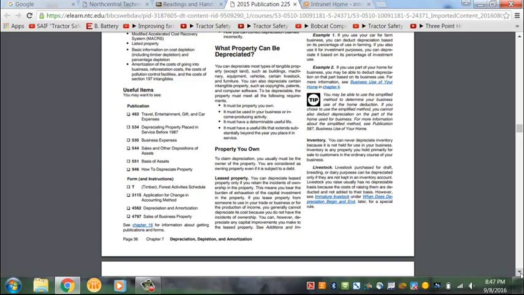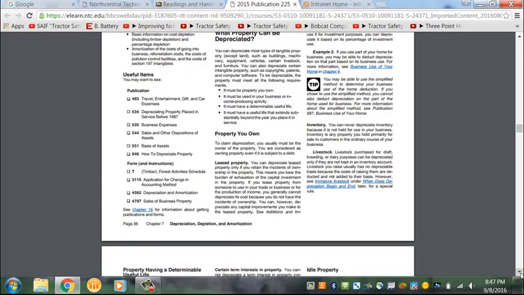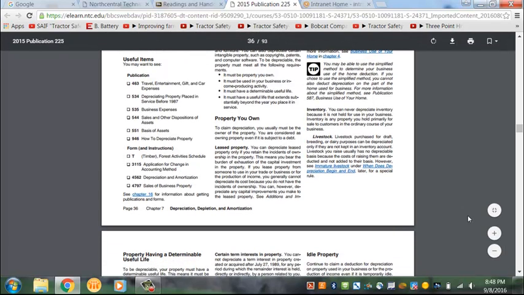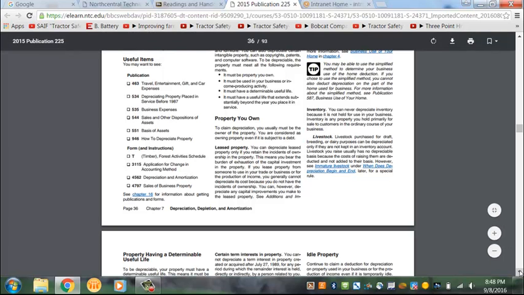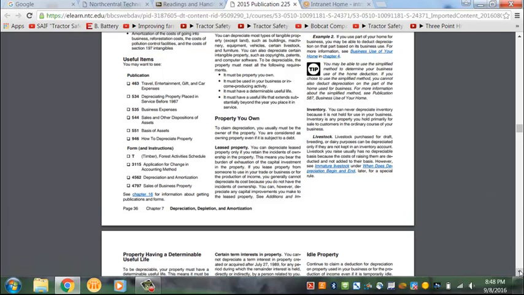A rule for livestock: livestock that's going to be held in inventory cannot be depreciated because inventory is not depreciable. But livestock that is purchased and used for drafting, breeding, or for dairy can be depreciated, and that is over the course of however many years the useful life is.